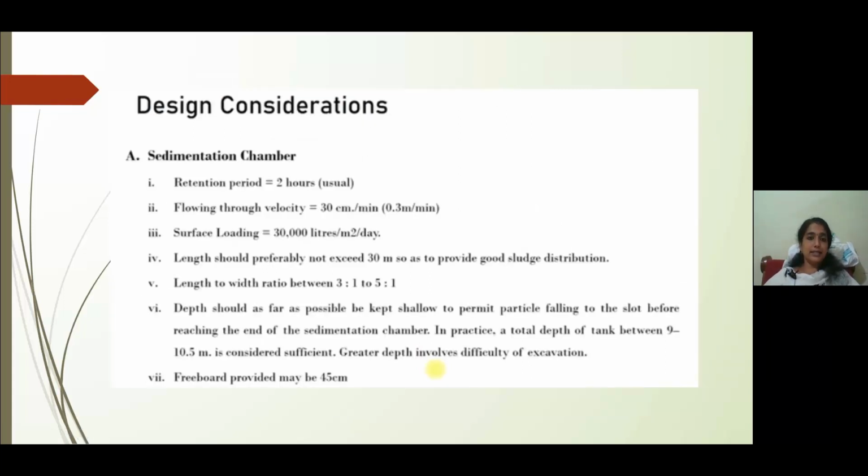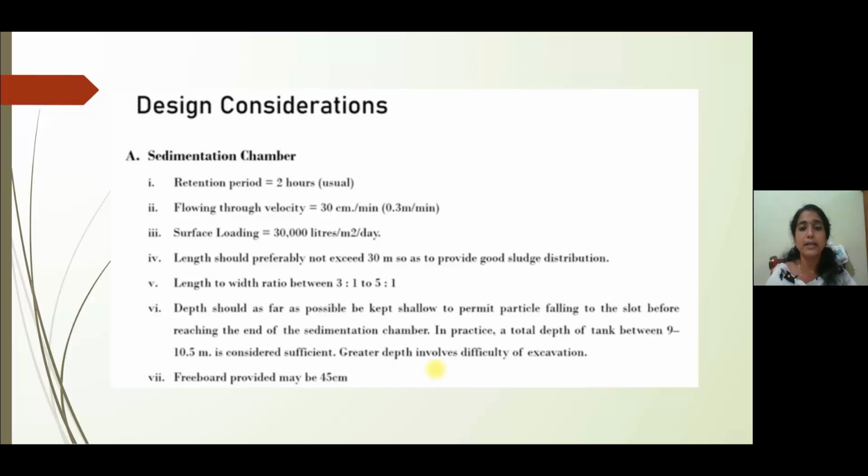Then the design criteria, that is, design considerations. Here the retention period is 2 hours, and the flow through velocity is 30 centimeter per minute, that is 0.3 meter per minute, and a surface loading of 30,000 liters per meter square per day.